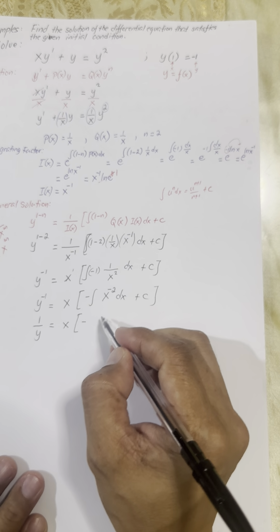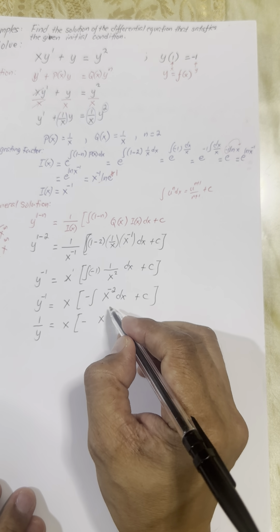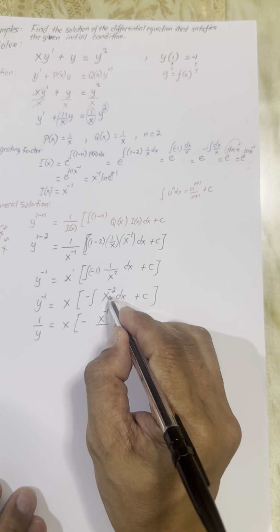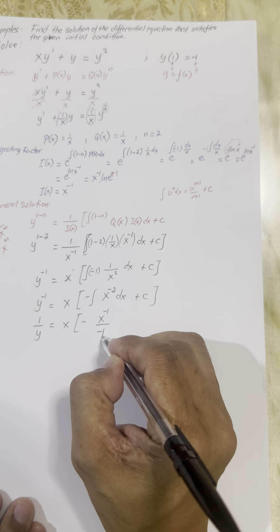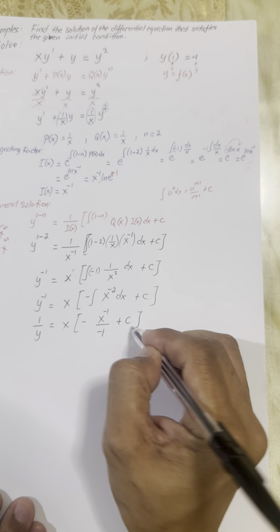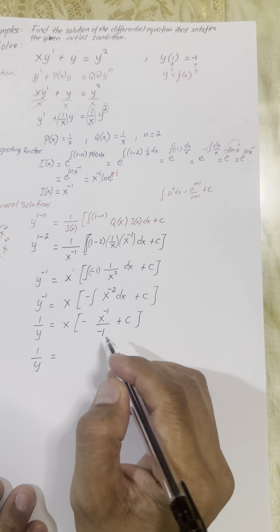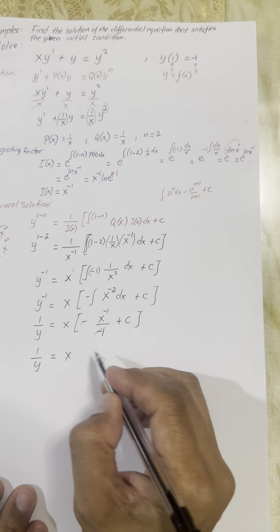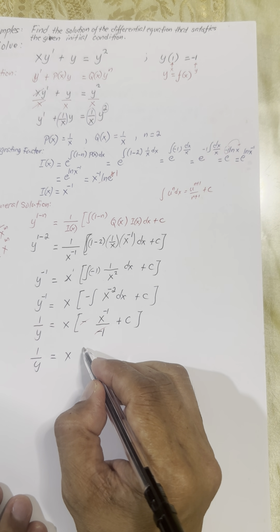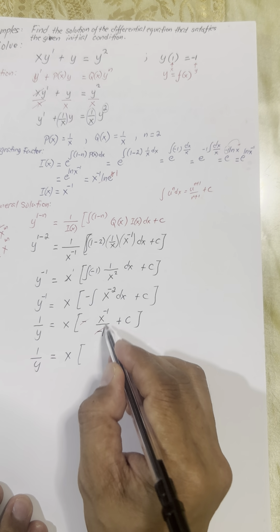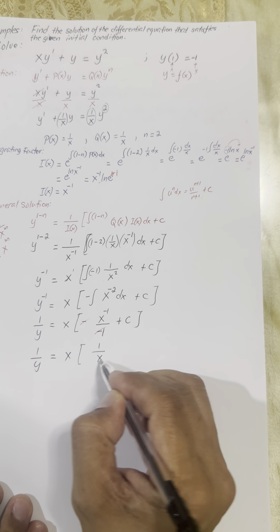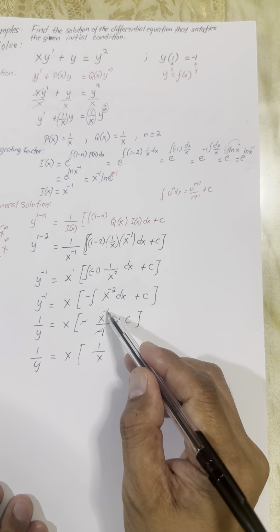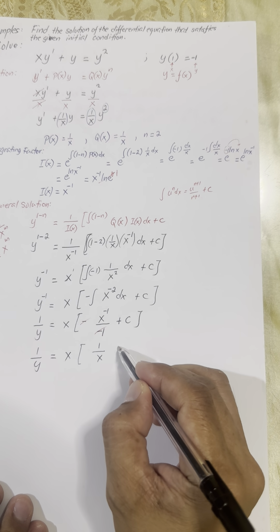The integral of this is simply x to the minus 1, because when you add 1 to the exponent and divide by negative 2 plus 1, that is negative 1, then plus c. So 1 over y equal to, negative, negative, so it becomes positive, x times, we can rewrite x to the minus 1 as 1 over x, from the law of exponents, then plus c.